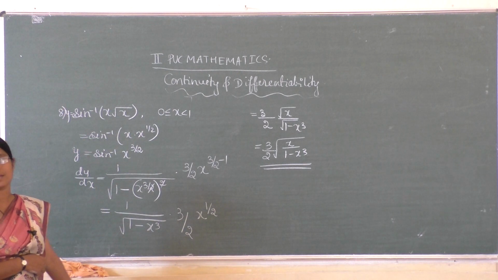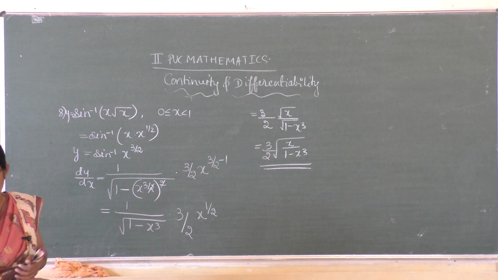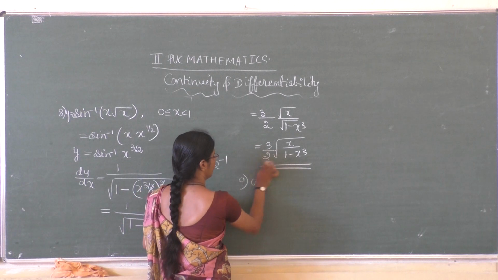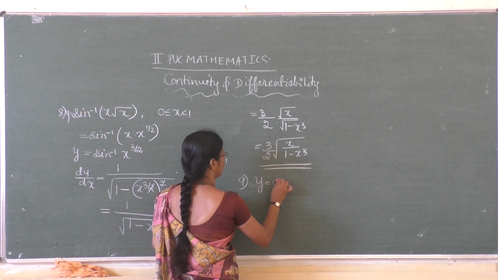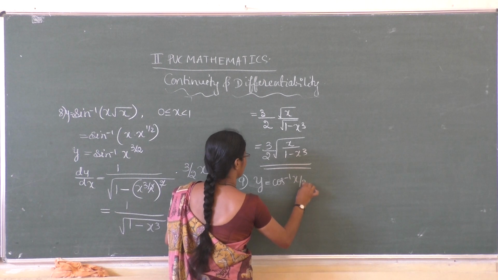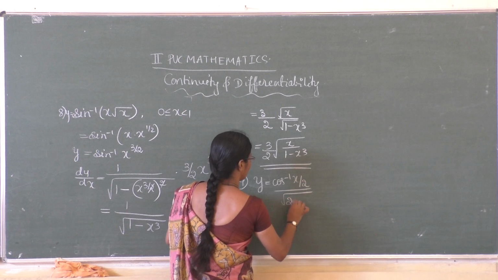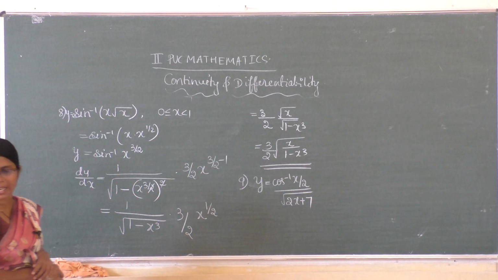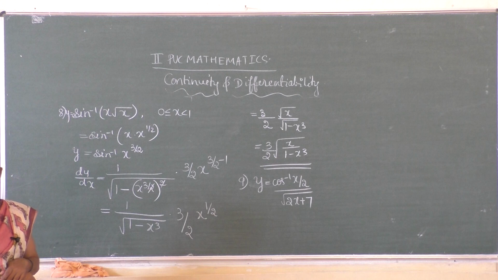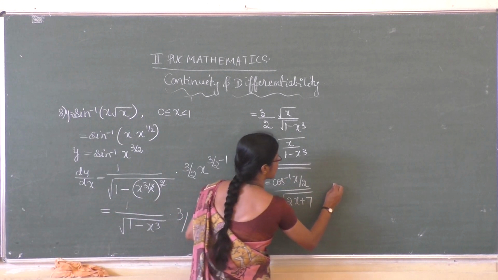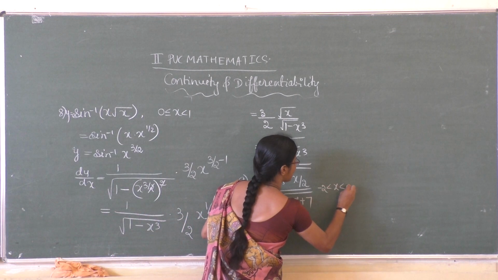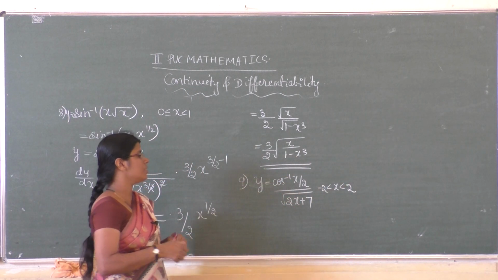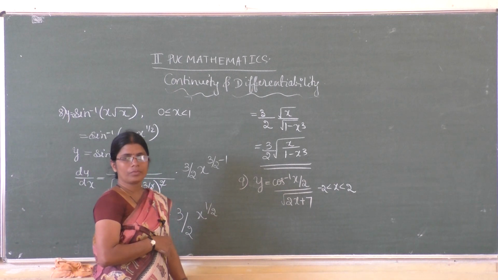So directly we simplify here. And the last problem: y equal to cos inverse x by 2 divided by root of 2x plus 7, where x is greater than minus 2 and less than 2.